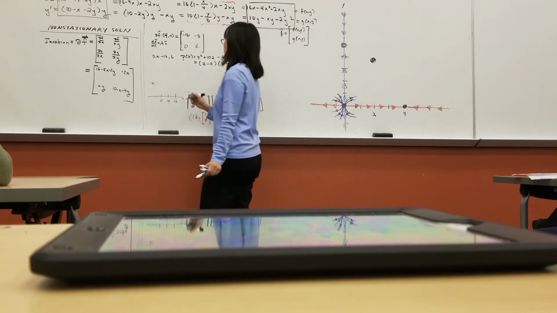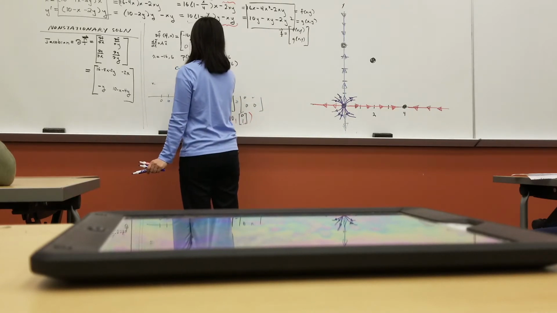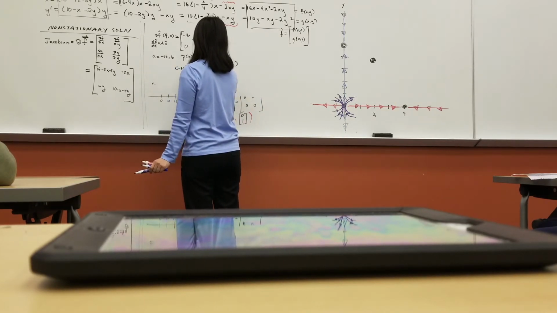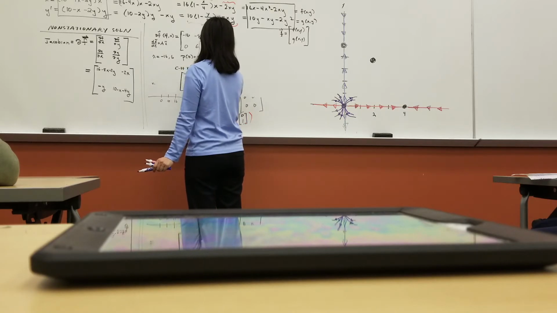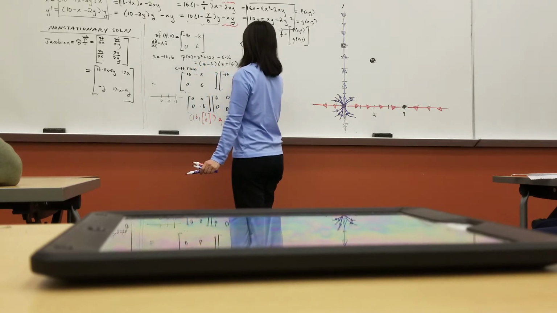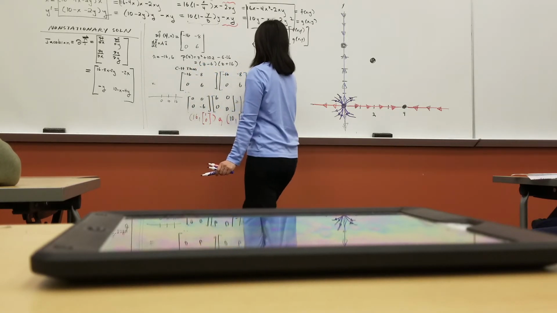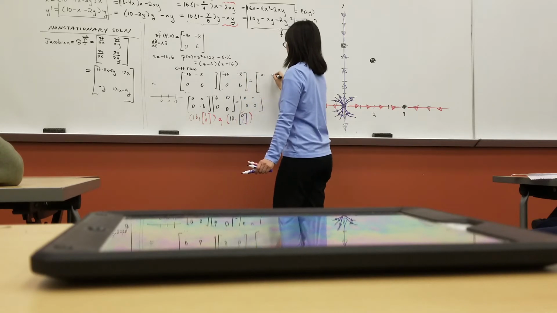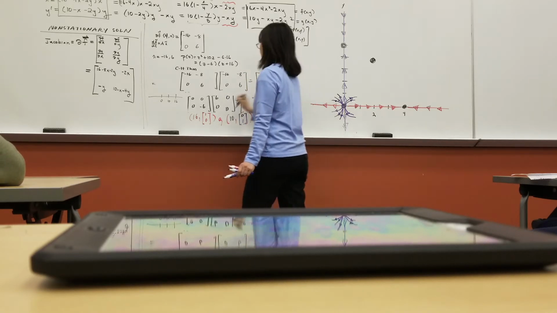Let's do Cayley Hamilton. Okay, so we're going to do minus 16, minus 8, 0, 6, times minus 16, minus 8, 0, 6, which gives 0, 0, 0, 0.